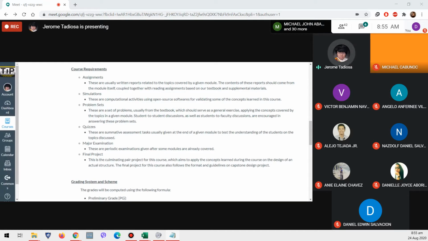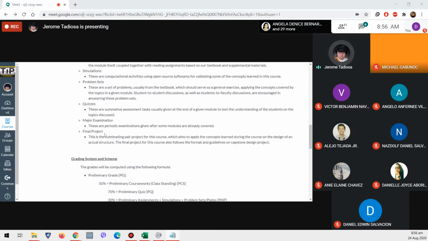Okay. And lastly, we have the design project, the final project. This will be a culminating project. I indicated a pair project, but this may change. It may be three or whatever, depending on the number of students. It aims to apply the concepts learned during the course on the design of an actual structure.